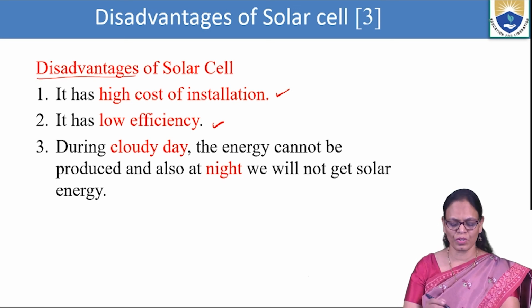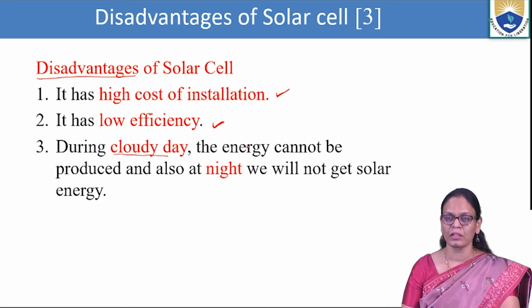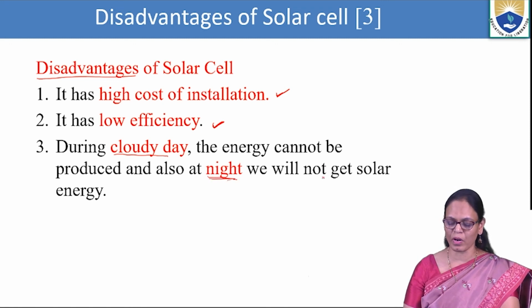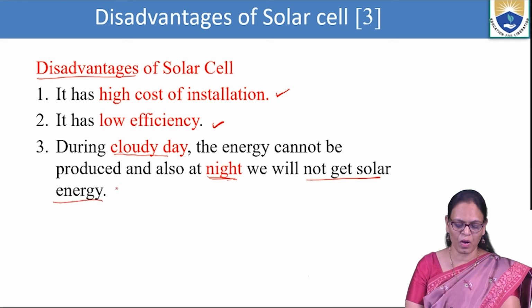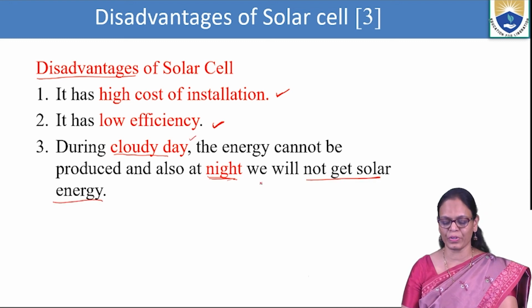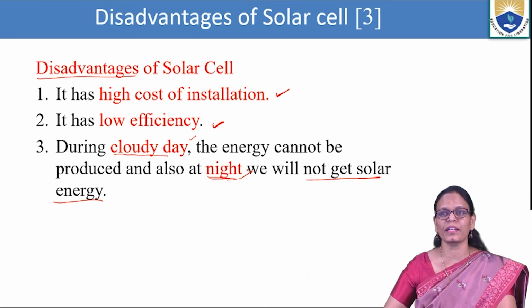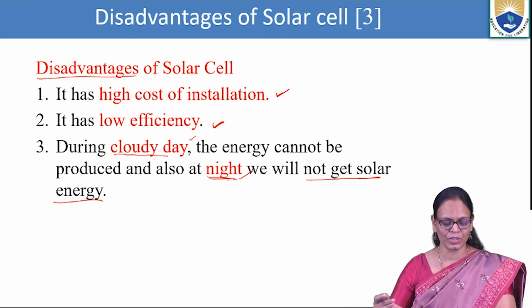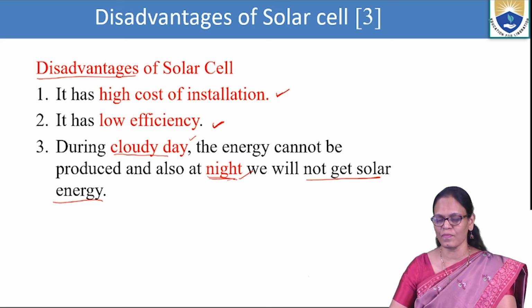During a cloudy day or during the night, the sunlight is not there. So we will not get the solar energy. On a cloudy day or during the night times, when solar energy is not available, we will not get the energy. So this is one disadvantage of the solar cell.